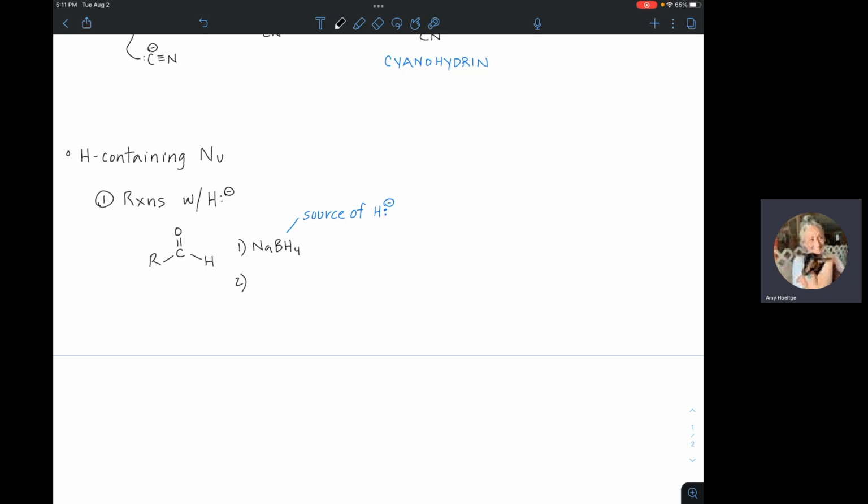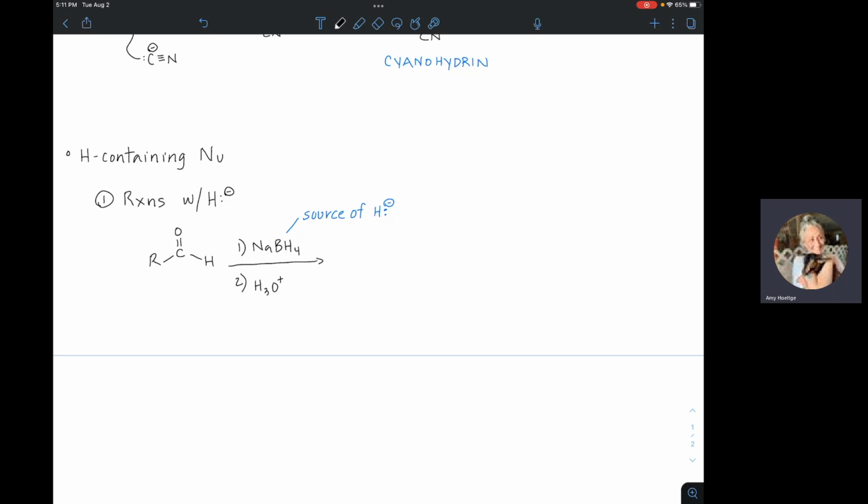The second step for this is to protonate the negatively charged oxygen that is going to result. So we're going to add H minus to the carbon of the carbonyl, and then we're going to protonate the negatively charged oxygen.